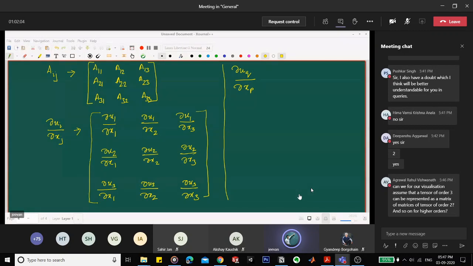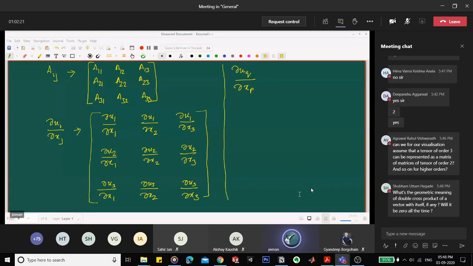At least for the purpose of visualization, which is why I often say to my students that if you want a very tangible physical grasp over a third order tensor, you can perhaps think of it like a Rubik's cube. I hope some of you have seen the Rubik's cube. So it is like that.